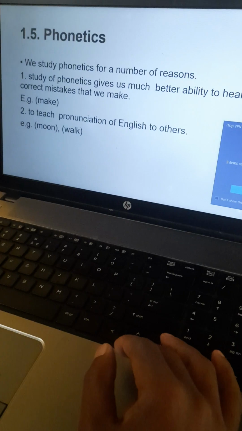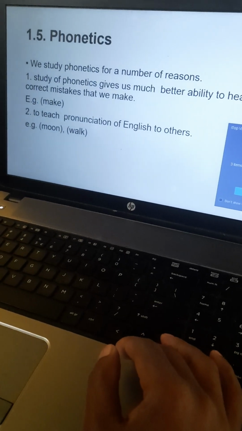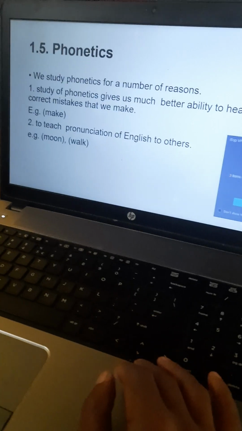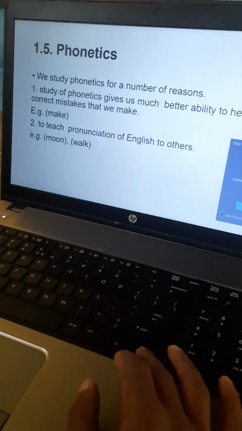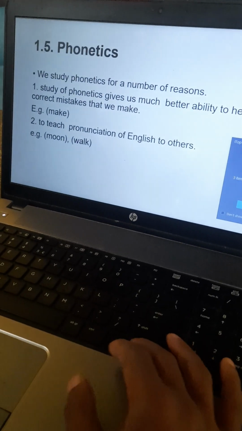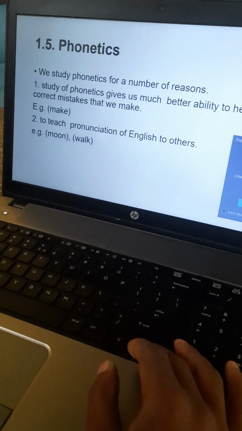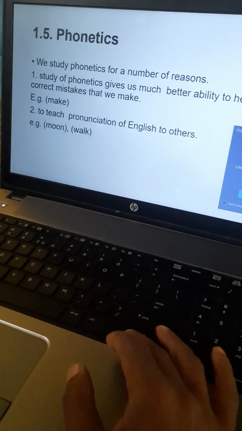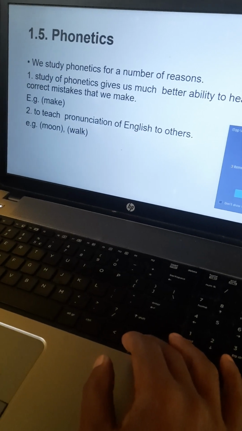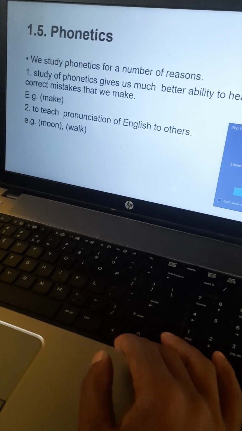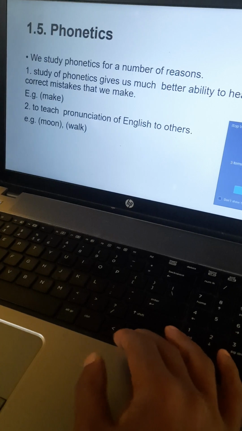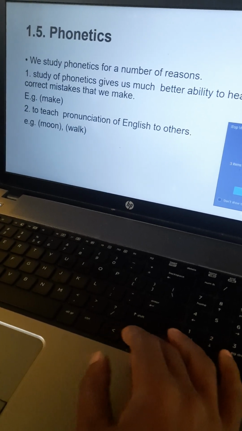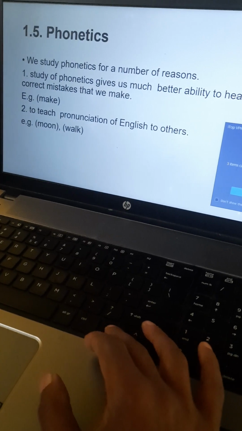So, learning phonetics is very important. You can improve your pronunciation as a student. You can teach pronunciation as a teacher. Also you can correct the mistakes on sounding individual letters, in a word, in a sentence, even a single sound itself.